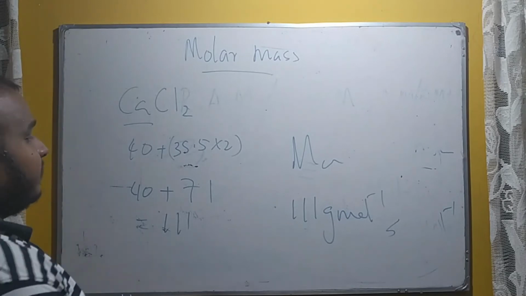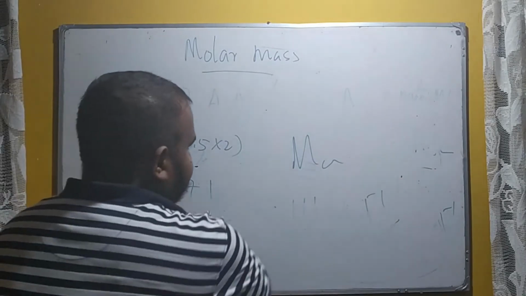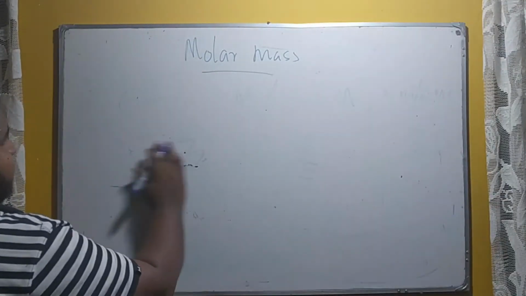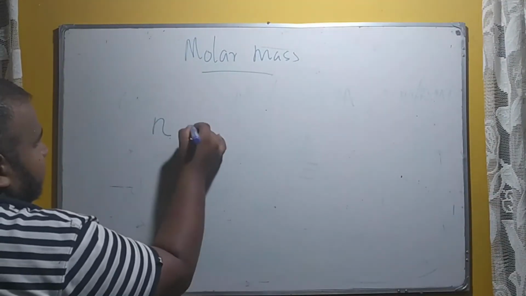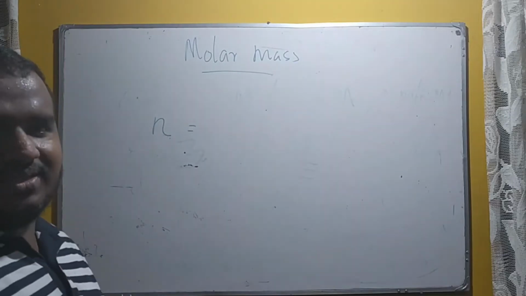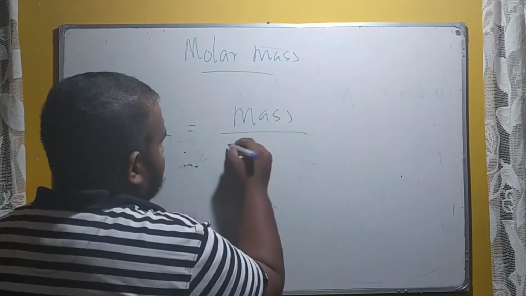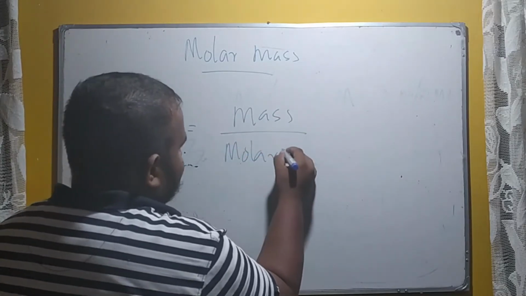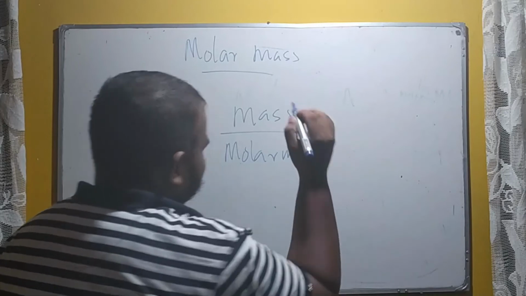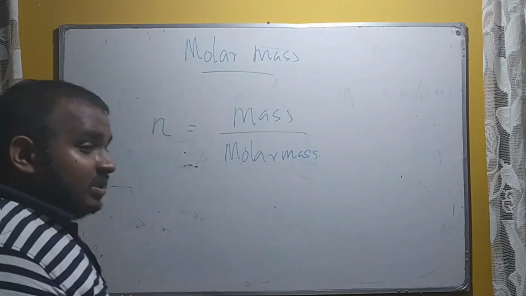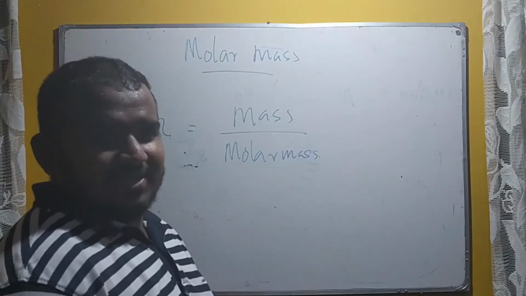Now finally we are coming to an equation: mole is equal to mass over molar mass. Simple. Right? Now I am going to the last lecture's question again.